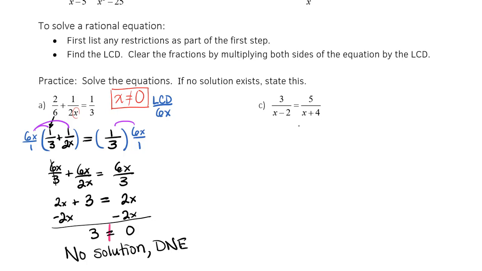We have 3/(x - 2) = 5/(x + 4). My LCD, first let's list where it does not exist. x cannot equal 2, and x cannot equal -4. Those are our two restrictions on the domain. Now we're going to find the LCD.